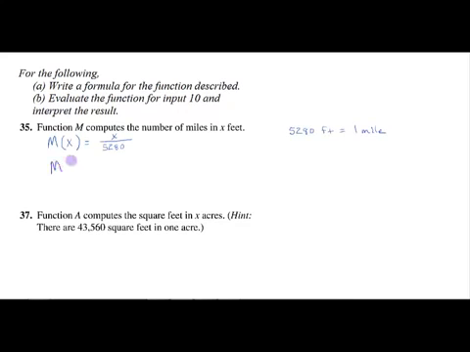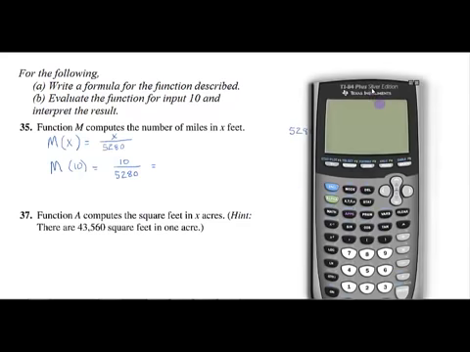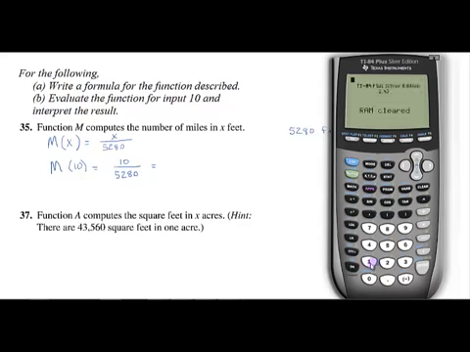Now let's go ahead and evaluate that function for 10. So I'll have m of 10. That's 10 over 5,280. And if you like, you can grab your calculator and put in 10 divided by 5,280. And let's put this in decimal form, say to 5 decimal places.